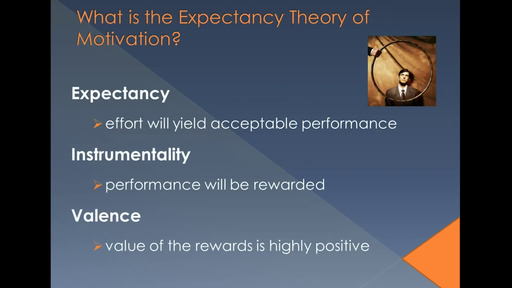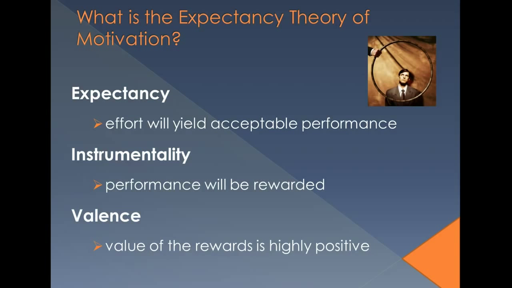If we want to go over this again, if we talk about these three factors: expectancy, effort will yield acceptable performance; instrumentality, performance will be rewarded; and valence, the value of the rewards are highly positive. So these are the three factors we're talking about.